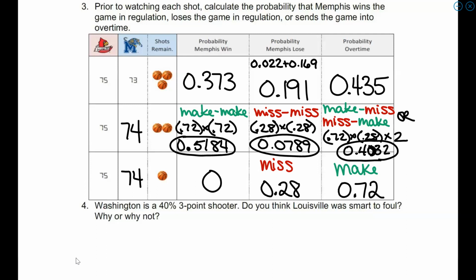All right, so what we looked at here when we were talking about number of trials and number of successes. This is binomial. Binomial means that each trial is either a success or a failure, which we can look at with the basketball. He takes the shots and he either makes them or misses them. Each trial has to be independent in order for me to be able to use this formula.